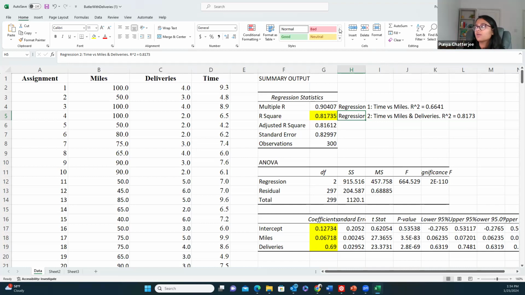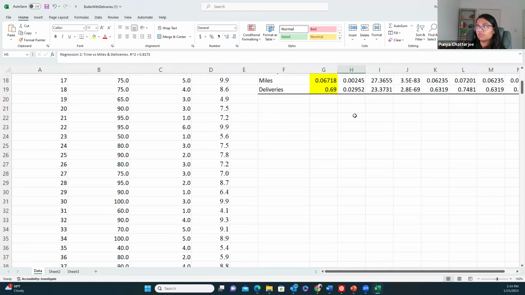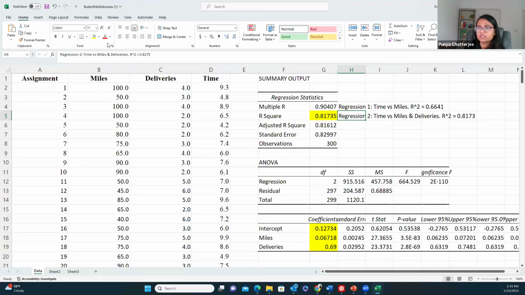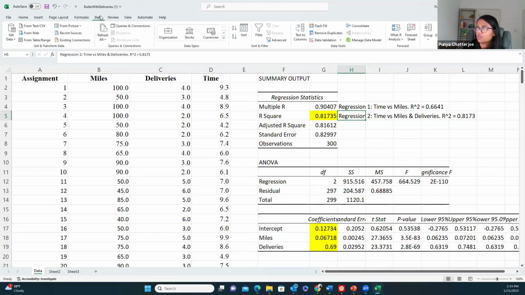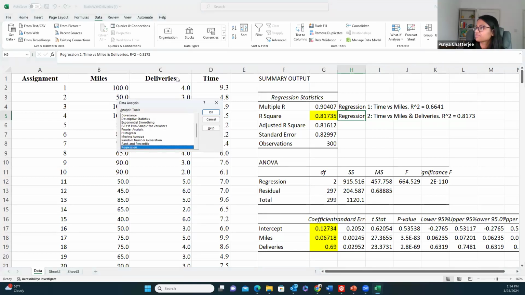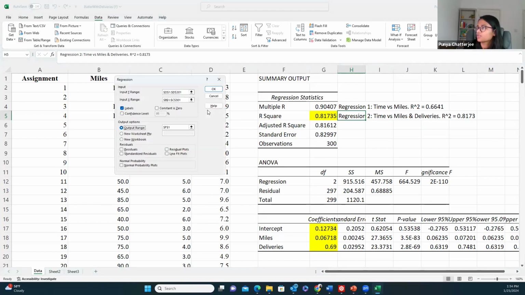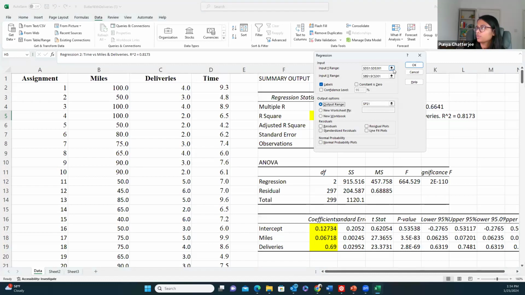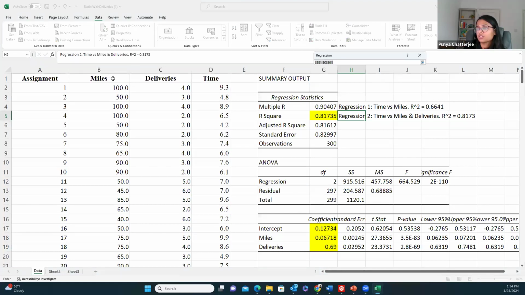So we can even do it again, right? Let's do the same regression model with this new data and see what happens. I'm just going to do it quickly. I'm going to do a regression where my input y is the time, but for x, I'm only going to choose miles.